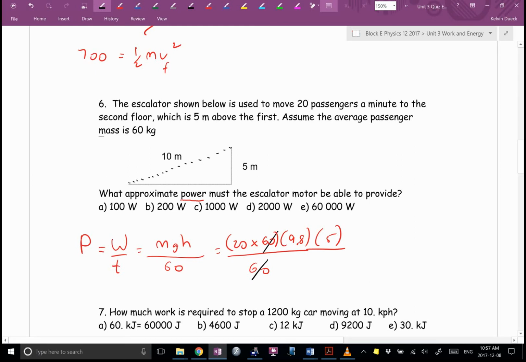I can do that in my head. The answer is 980. I don't see 980. Oh, for Pete's sakes. To 2 sig figs, it's 1,000. Well, to 1 sig fig, it's 1,000. Okay. Oh, and power is measured in watts. Power, scalar or vector? Yeah. What's everything in this unit been pretty much? Yeah, scalar. Which is why you've noticed nowhere near as much trig, right?